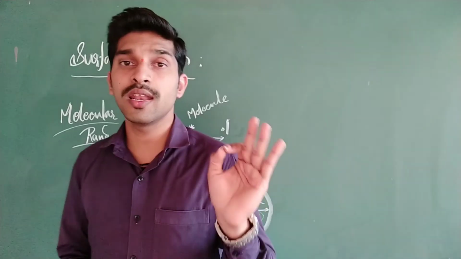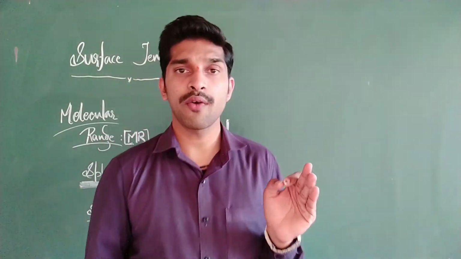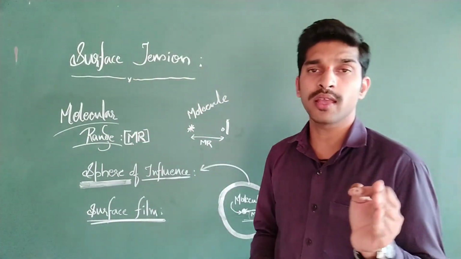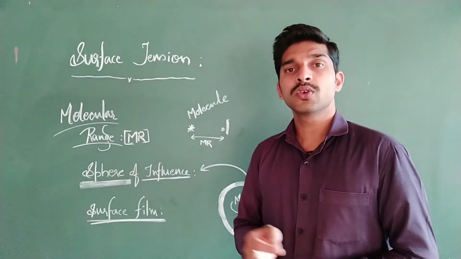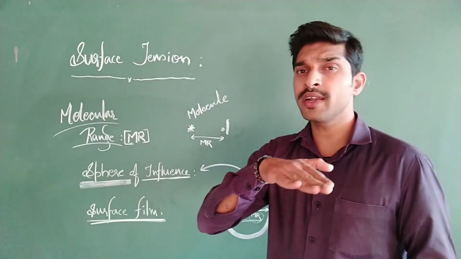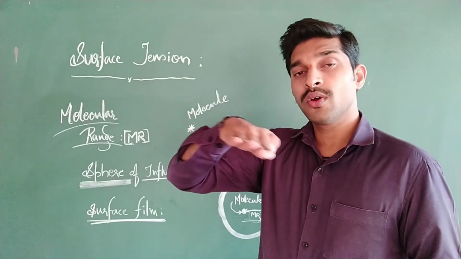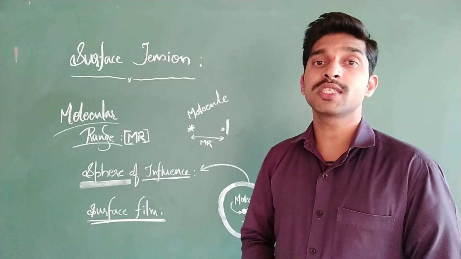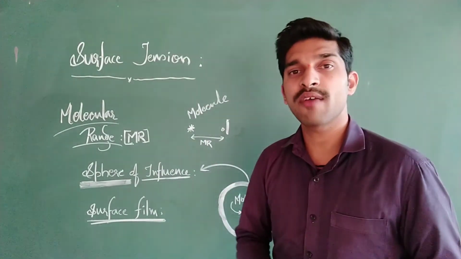Suppose we have a liquid, and in that complete vessel we do have a liquid. That liquid may be either oil or water. So the complete top layer of that water, the last final layer, is called the free surface. That means above that surface we will be having what?